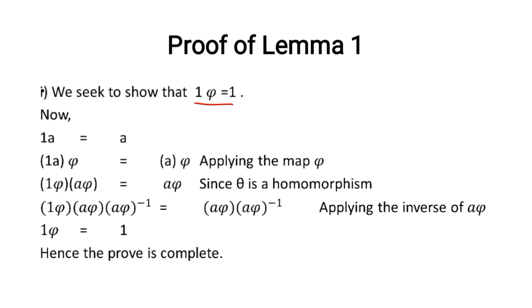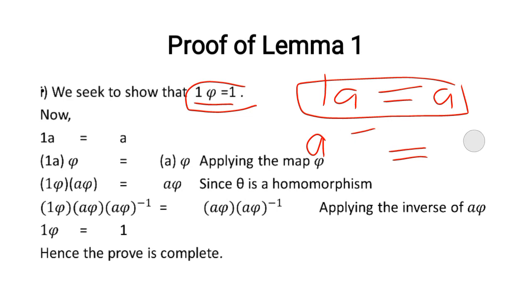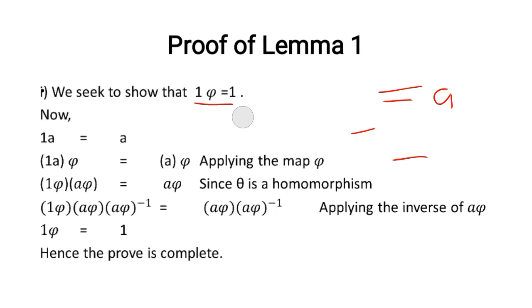The clue, like I was trying to remember, there are two of them. There's one that says that if I multiply 1 times a, definitely it's going to give me back a. And the other clue I was trying to show you is that if I take a times a inverse, it will be equal to 1. So for the first identity, we are using this first clue. Just remember this clue every time you're told to prove this particular identity.